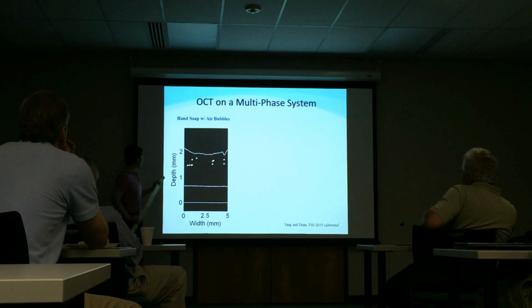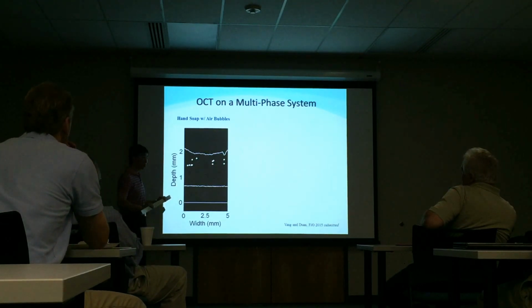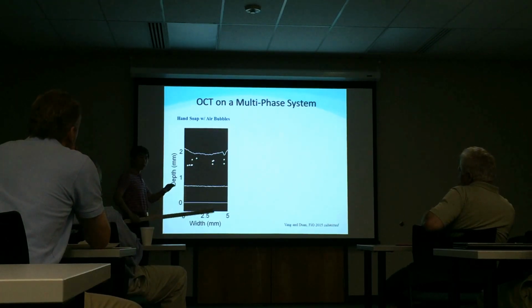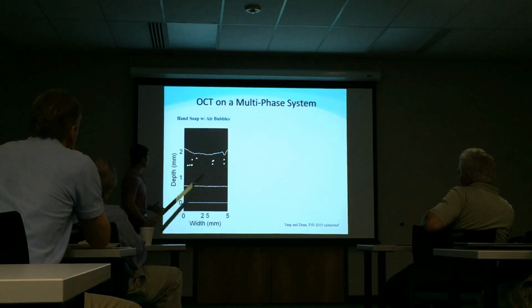And recently we tried something, because one of the applications we envision is industrial process control. We want to see if our system can actually work in a multi-phase system.